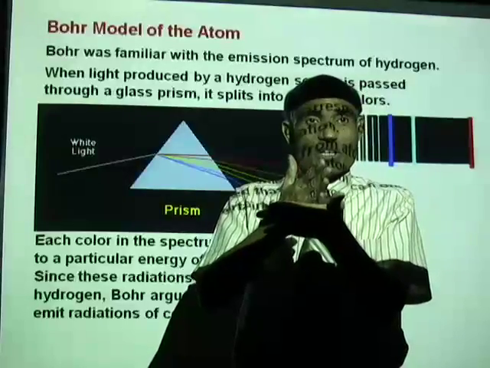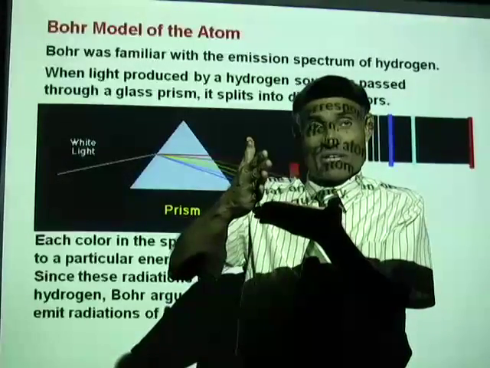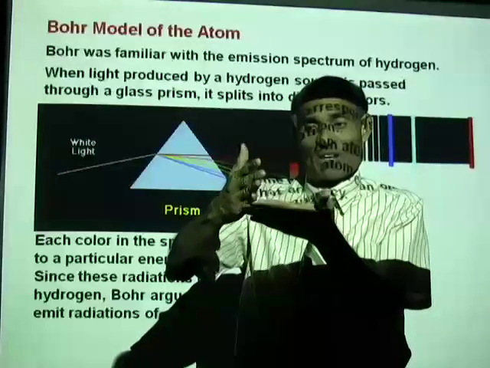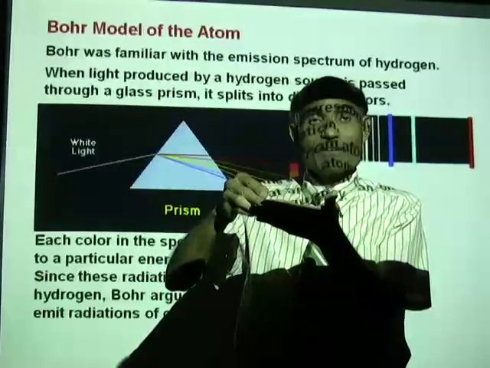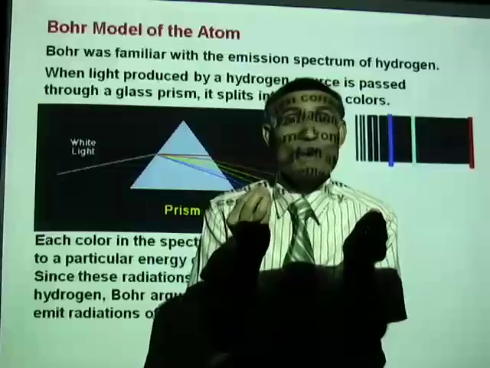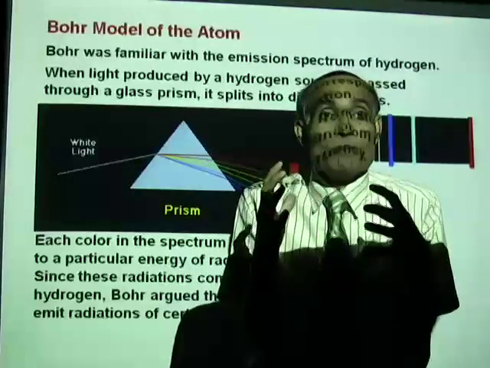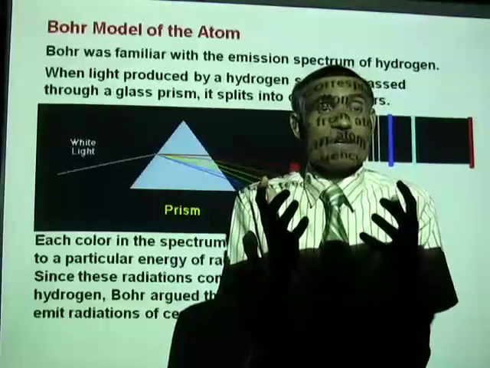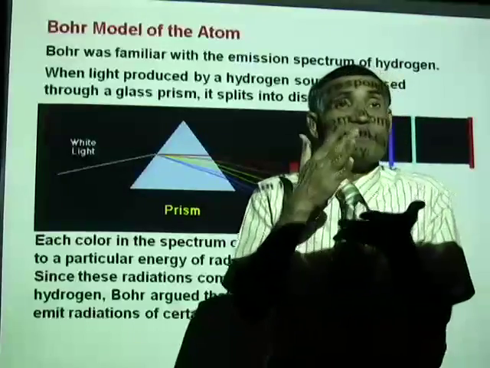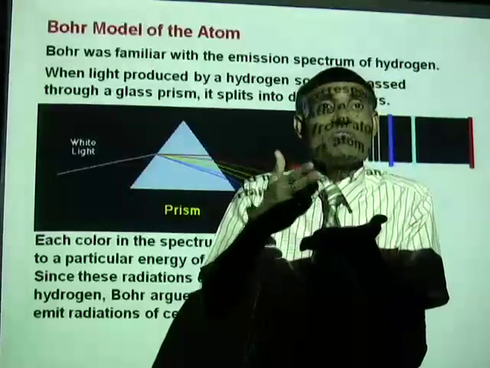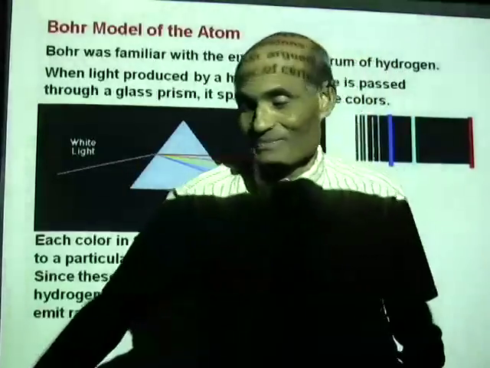Certain frequency, and then the next one is certain other values. There is nothing in between. So whatever model of the atom we subscribe to, it must be able to explain these discrete energy values of the radiations.